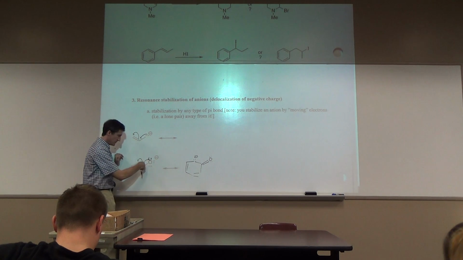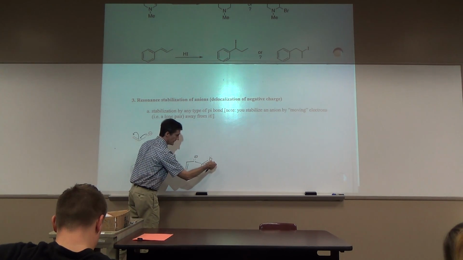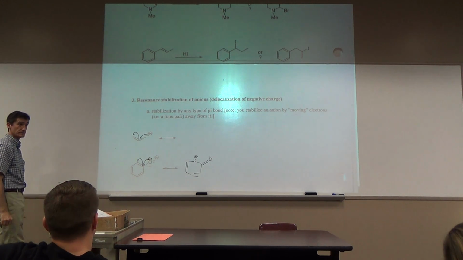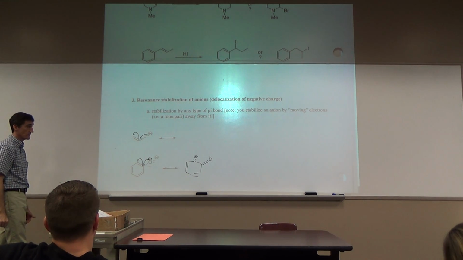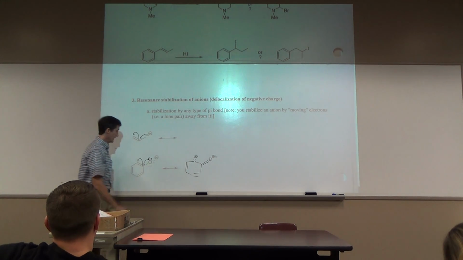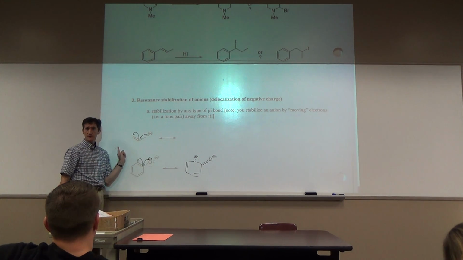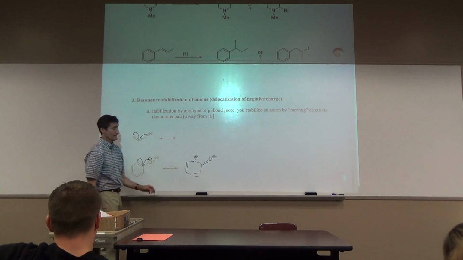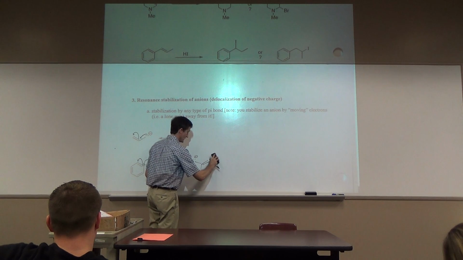Yes, one lone pair moves in, two lone pairs left. Lo and behold, that's a neutral oxygen, 2 bonds, 2 lone pairs. And what did I have up there at first? It had minus, minus? Well, all resonance structures have the same net charge. If that's minus, how is that all of a sudden 2 minus? Wrong. It's wrong.